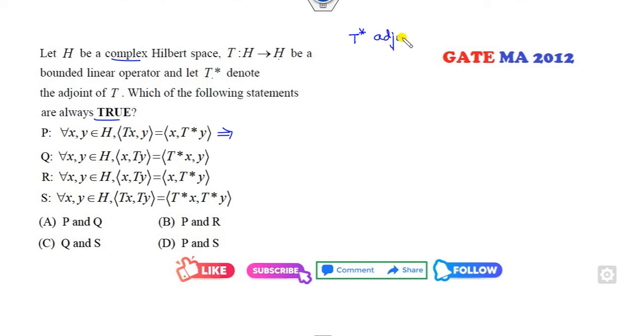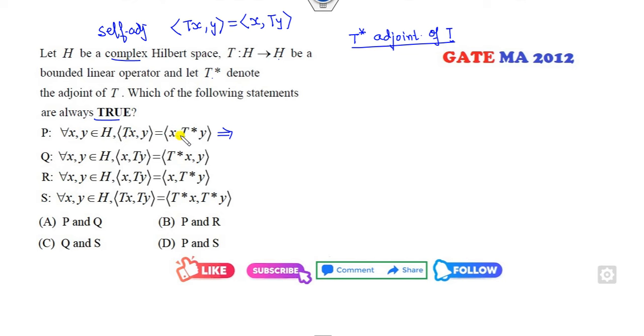T star is my adjoint of T. Fine. So what is the definition of the adjoint I have given you? If I write it in terms of Tx, it is Tx comma y is x comma Ty. This is the definition I have written for you in my previous examples.